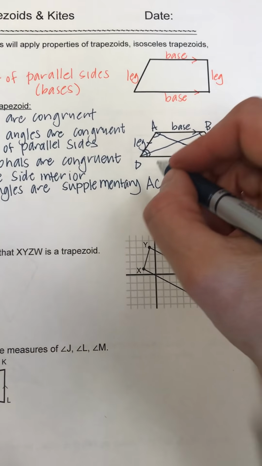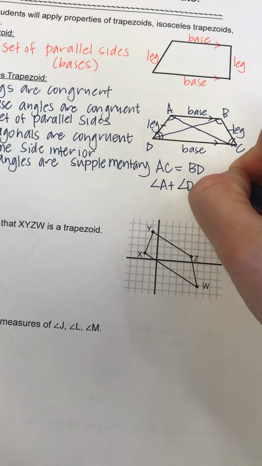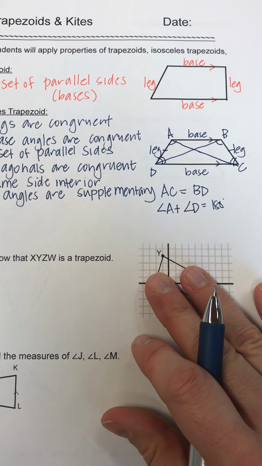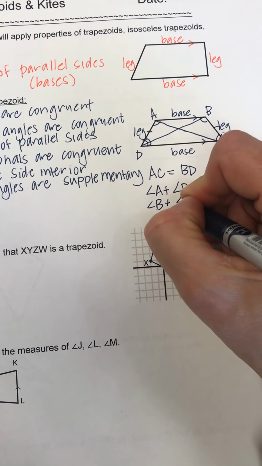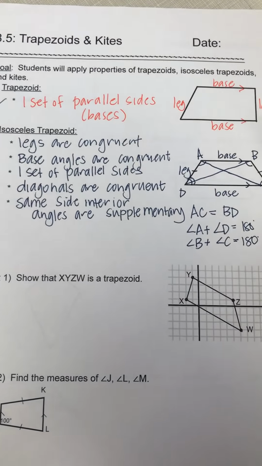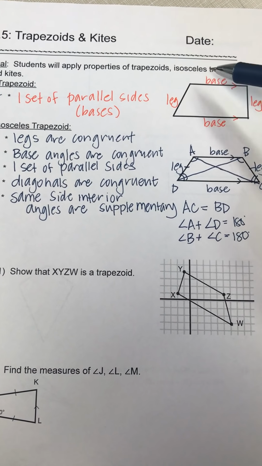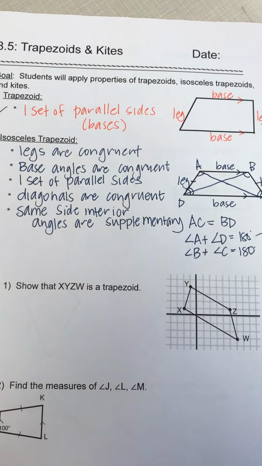So like angle A plus angle D would equal 180. And then also angle B plus angle C would equal 180. So this same rule applies up here as well.